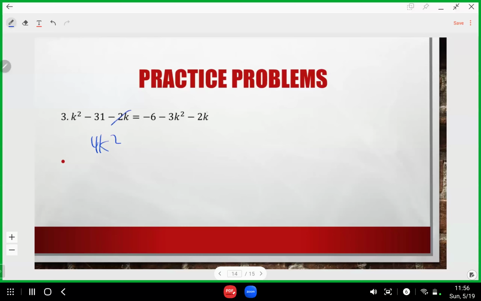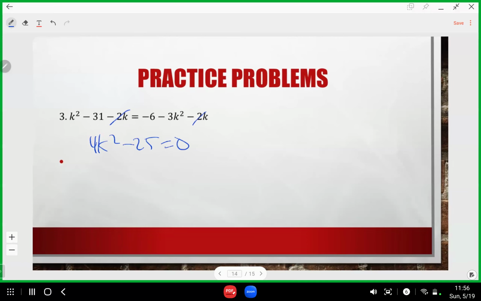These cancel out. You have negative 25 here equal to 0, because the negative 2k just cancels out. And then you have 4k squared and negative 25 here. This is actually a difference of squares, so we can factor this like this.